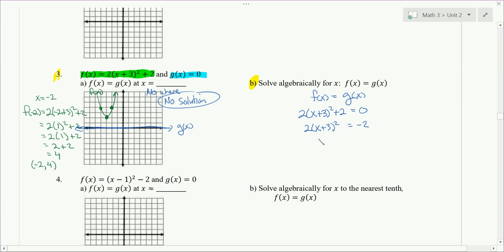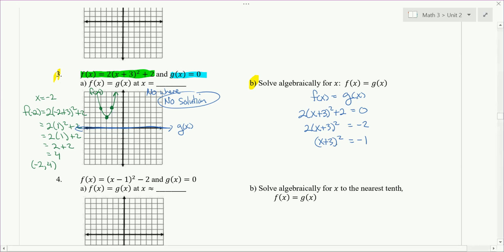Divide by 2. And we should notice something wrong already. Whenever you square a number, as long as you're working with real numbers, you should get a positive answer. And here we're getting -1, so that should already be an indicator that we're not going to have a solution.